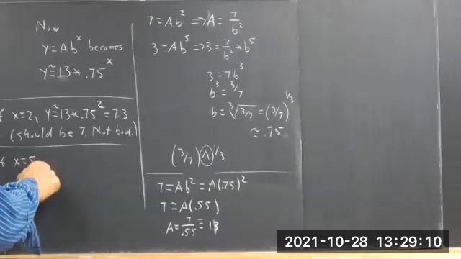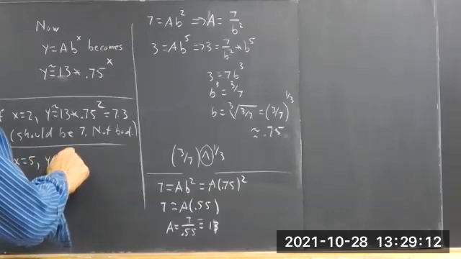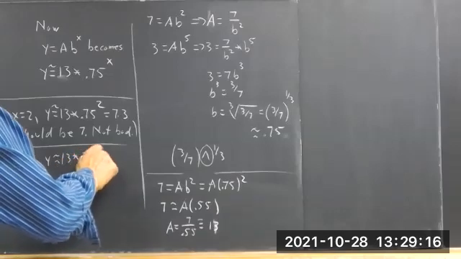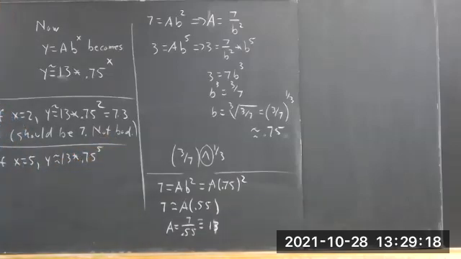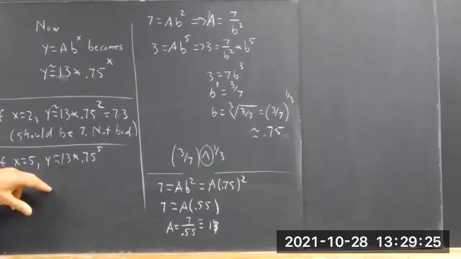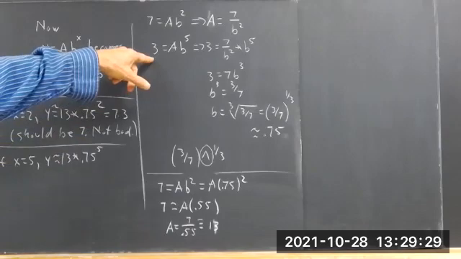So x equals 5. Y should be about 13 times 0.75 to the 5th. Now, since we're doing a 5th power of this thing that was estimated in the first place, it's probably not going to come out as close as this did. But what should we get? We should get 3, right?